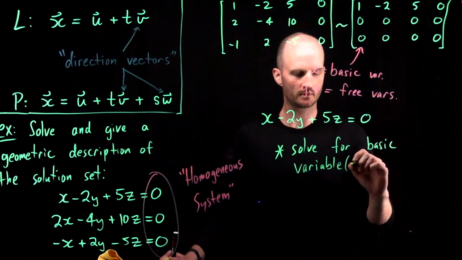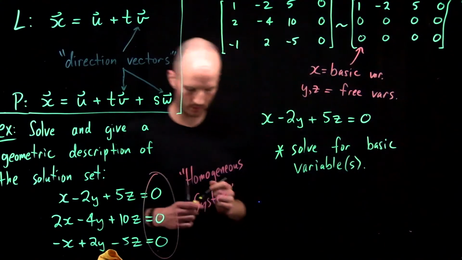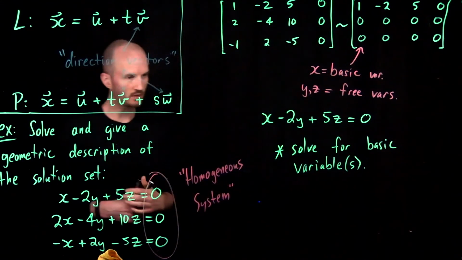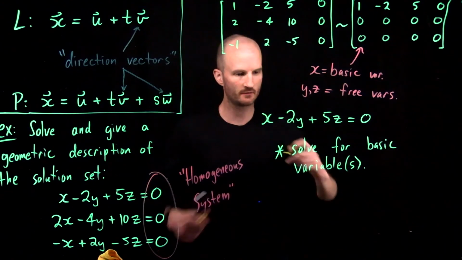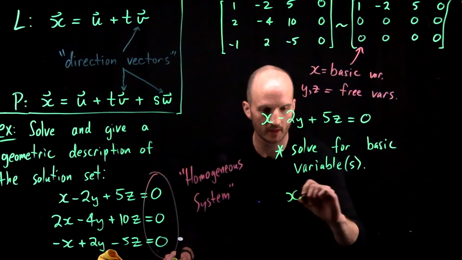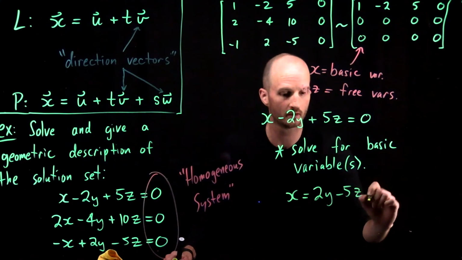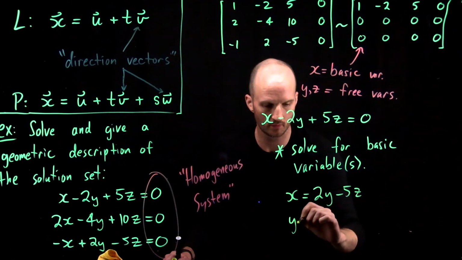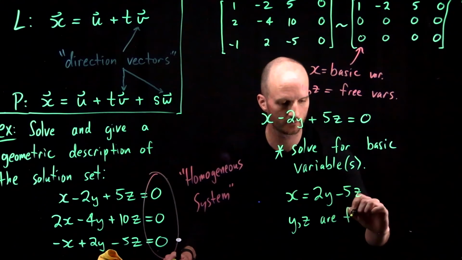And in some cases, you'll have more equations. Not this case, but in some cases you'll have more than one basic variable. And what does that give me? It gives me x is equal to 2y minus 5z, and then y and z are free.